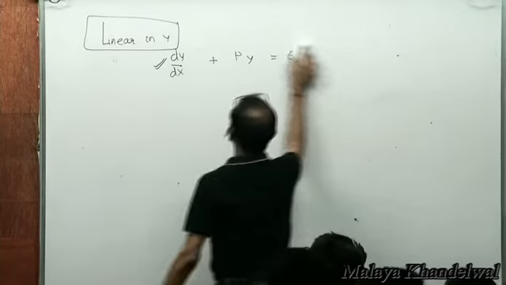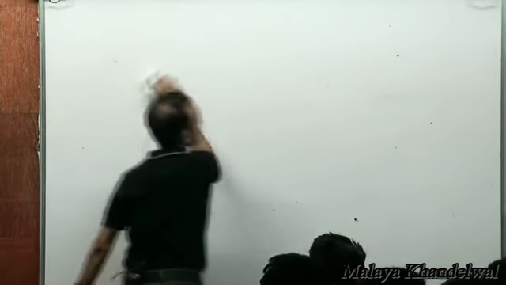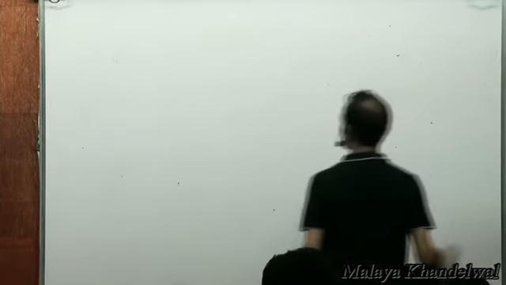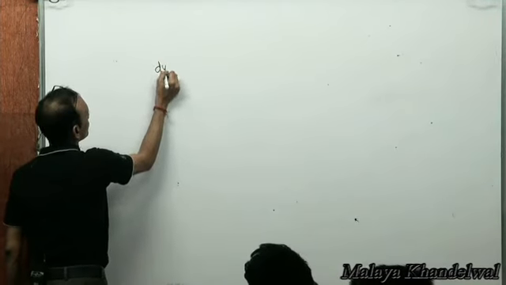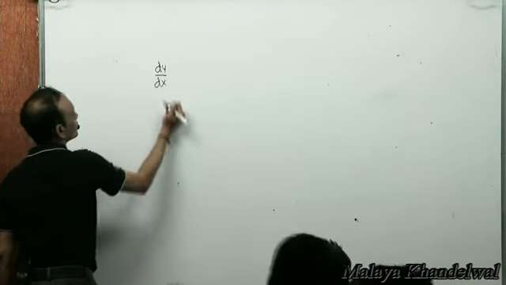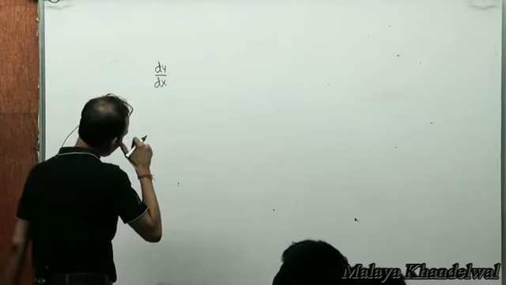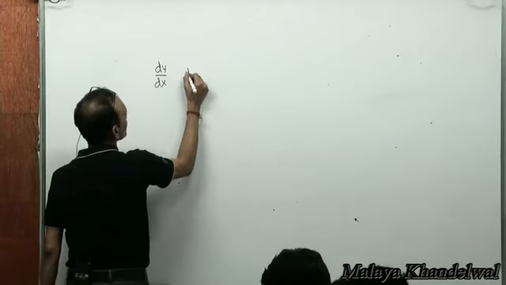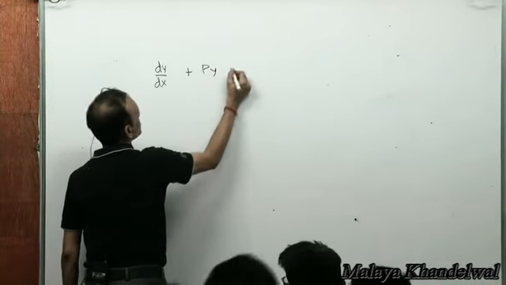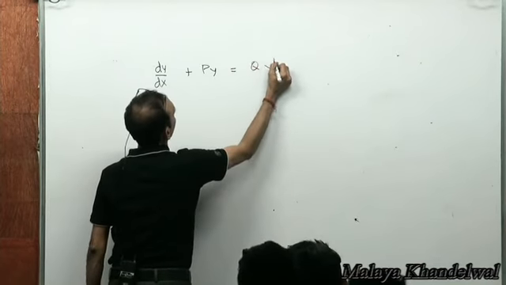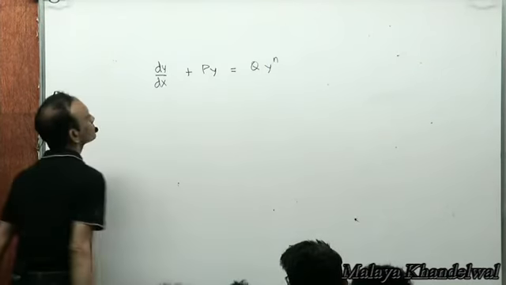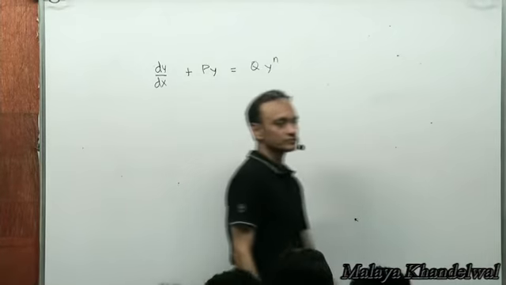So now the form that I'm going to be talking of is this: dy dx plus py equal to q y to power n. That's the form that I'm going to be talking of.